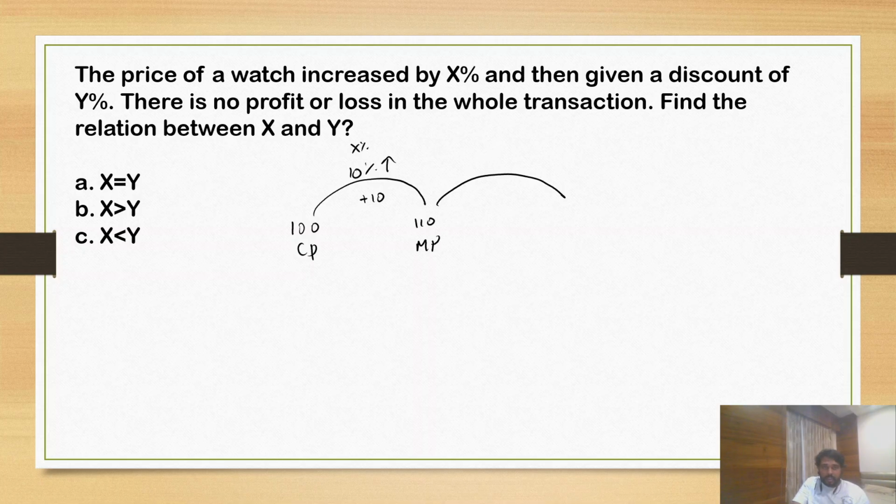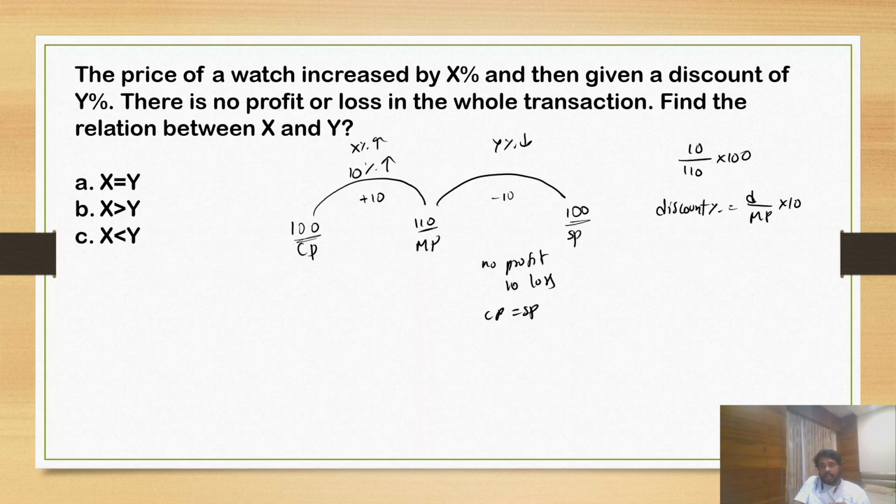Initial X% increase, here Y% decrease. Now he's telling there is no profit, no loss. No profit, no loss means cost price would be equal to selling price, no? That means the selling price is also 100 rupees. So marked price 110, selling price 100. The discount given is 10 rupees, so 10 out of 110 into 100, because discount percent is discount by marked price into 100, correct?